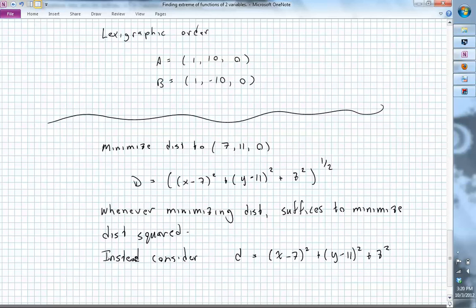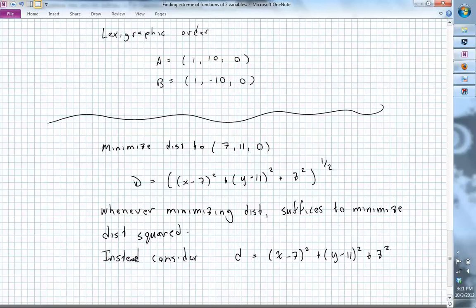Now, why is it preferable for me to minimize little d versus big D? Where is that going to be a problem? Or maybe not a problem, but an annoyance. When I compute those partials, right? The first partials, they're going to be bad. The second partials are going to be even worse.